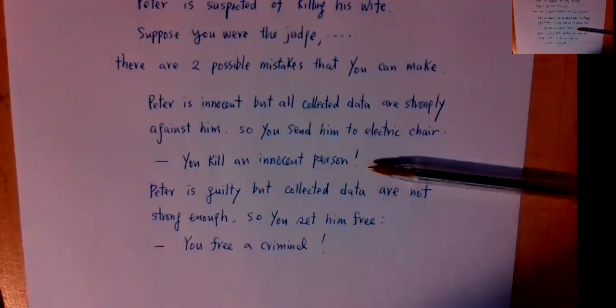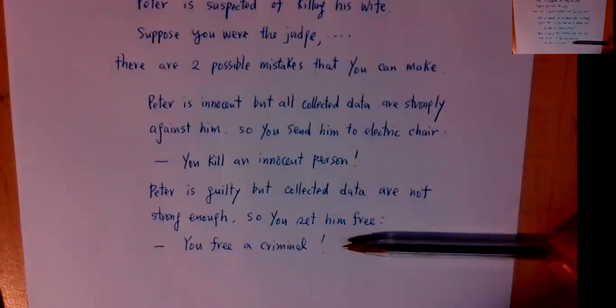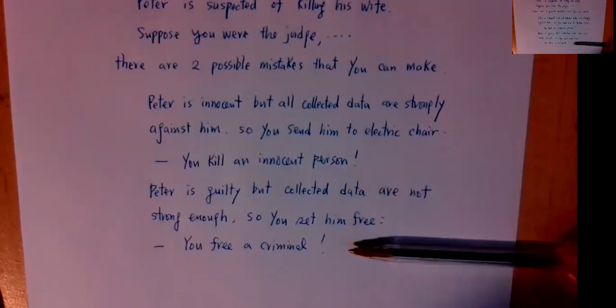So this is what we use in our daily life wisdom. When you see two devils, you try to figure out which one is more evil. And you're going to find a strategy to minimize the chance of making the more serious mistake.